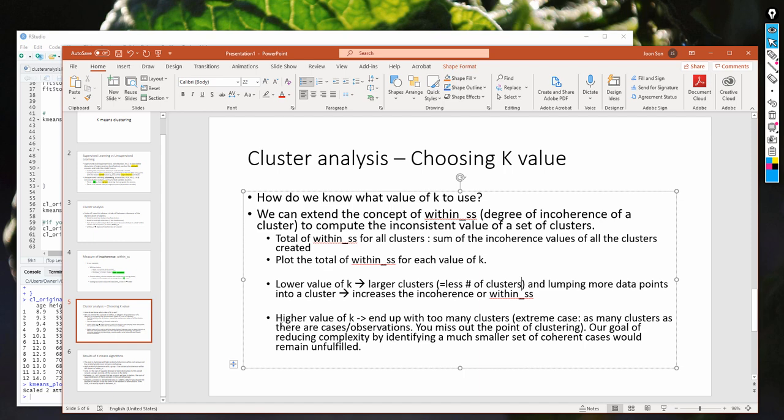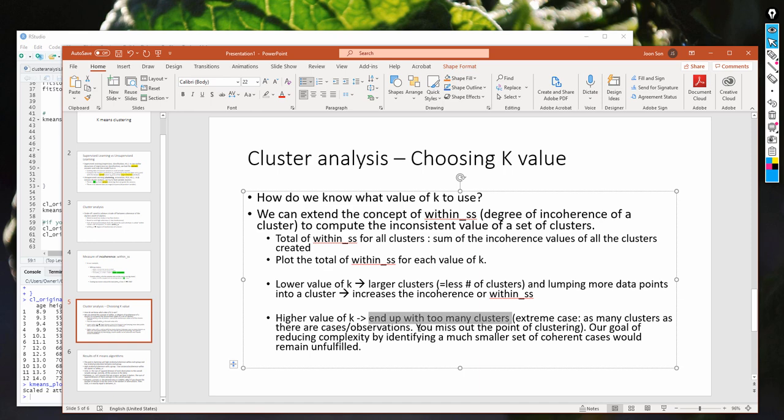But if you choose a really high value of k, the problem is you end up with too many clusters. In the extreme case, as many clusters as there are cases or observations.